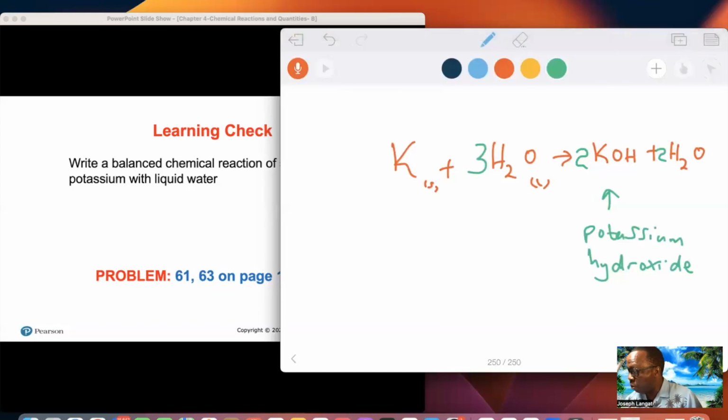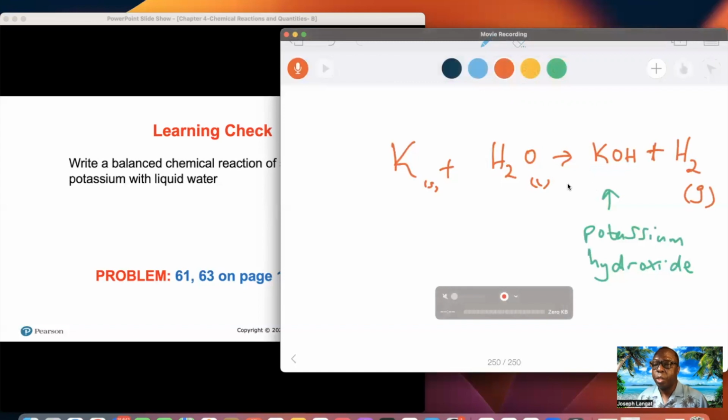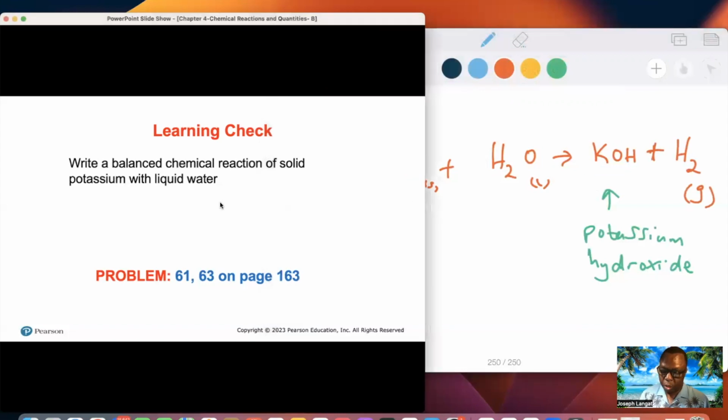Let's say it doesn't work for that hydroxide, and no, it wasn't. This is why it's not working: it's because one of the products is hydrogen gas. So this is what I was missing. It doesn't produce H2O.